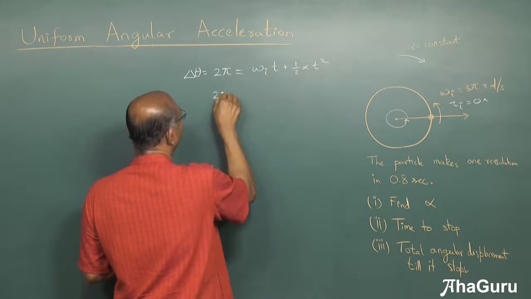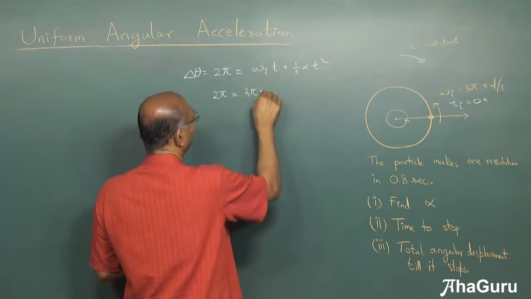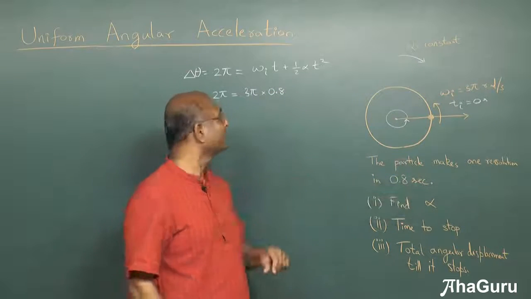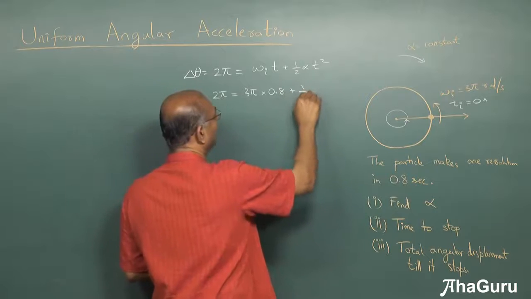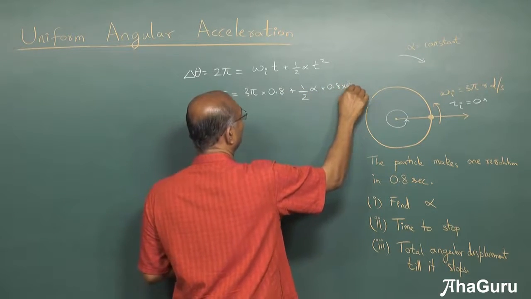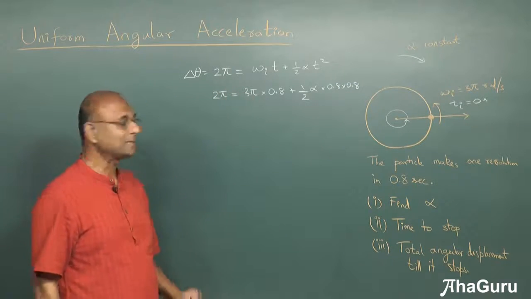So if I use that, I can write 2 pi is 3 pi into 0.8, because I have been told that time is 0.8, plus half into alpha into 0.8 into 0.8, half alpha t square. If I solve this, I will be able to find out what is alpha.